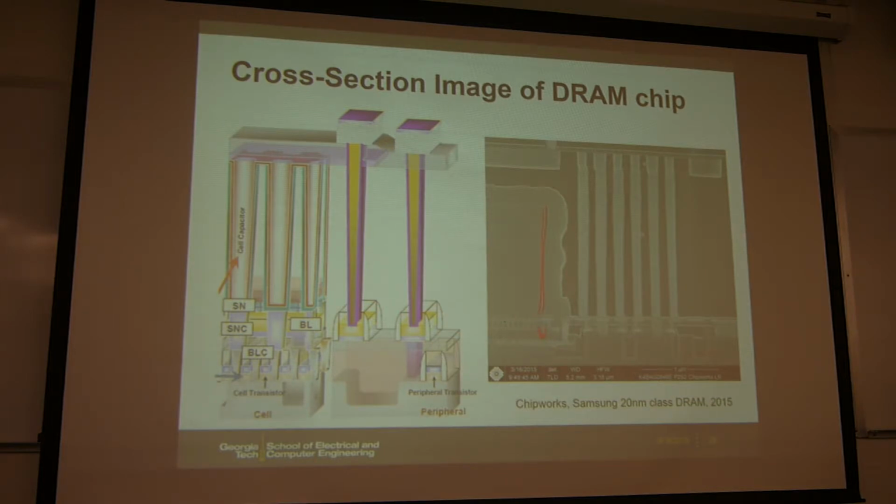This is T and this is C. And this side is peripheral circuits. And this is a contact to some of the peripheral circuits. You need to route on top of this capacitor, because you cannot pass through here. If you want to route some sense amp to the outside, then you have to go to the very top, and then you have metal here to go over the DRAM memory array.